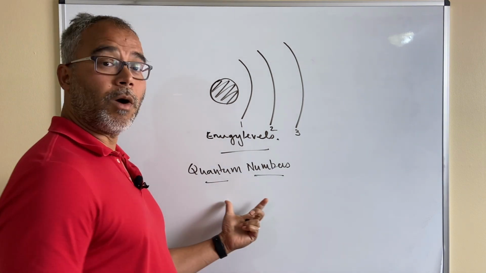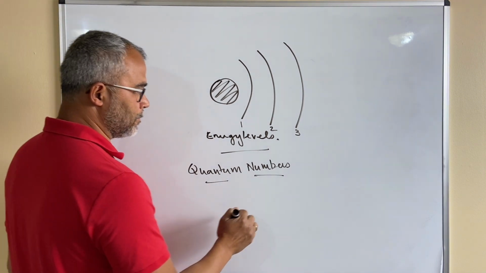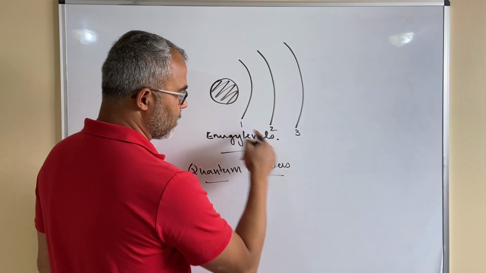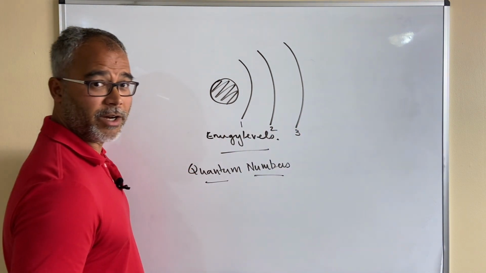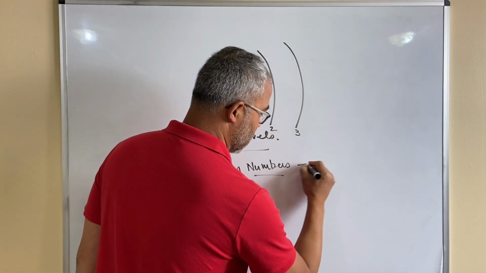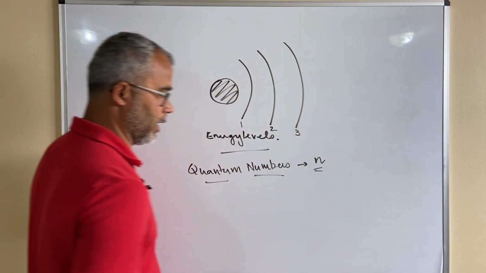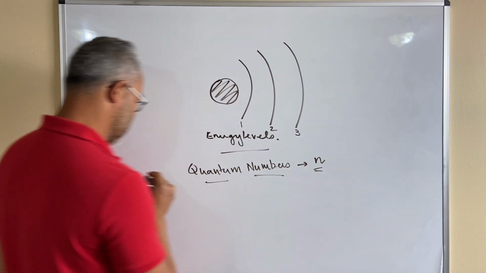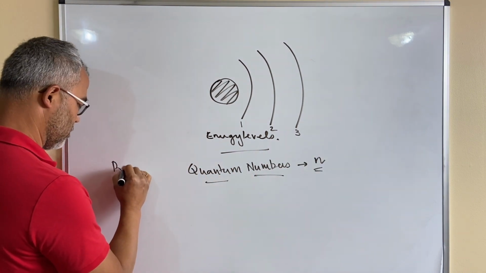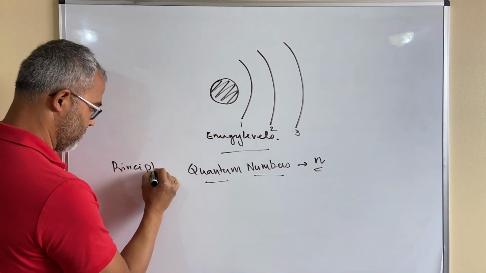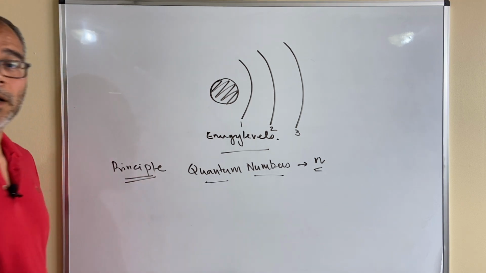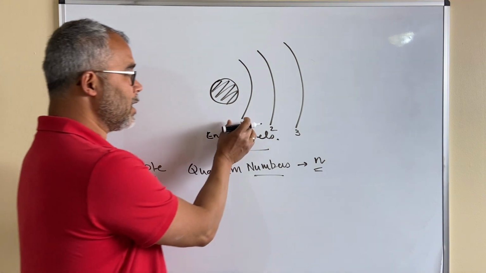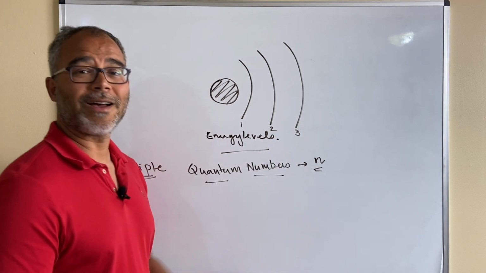These shells are denoted by a quantum number n, small letter n, and the name of this is the principal quantum number.